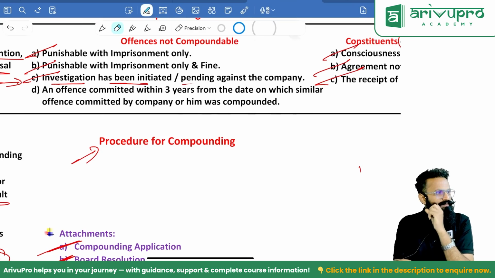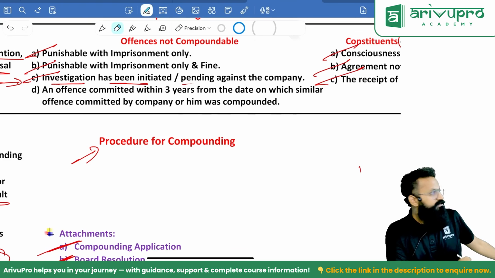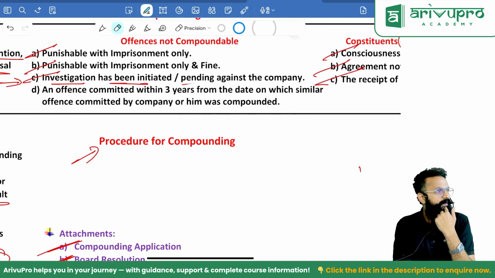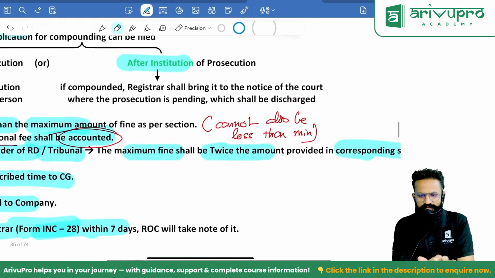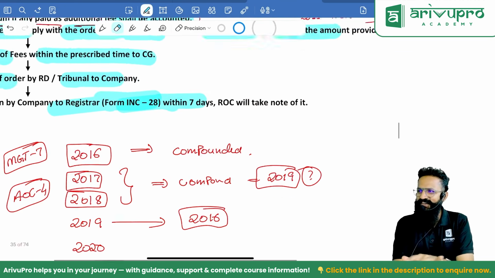They have not filed it in due dates. So can I go for AOC 4? Yes or no? Why? It is not committed after, it was committed before.